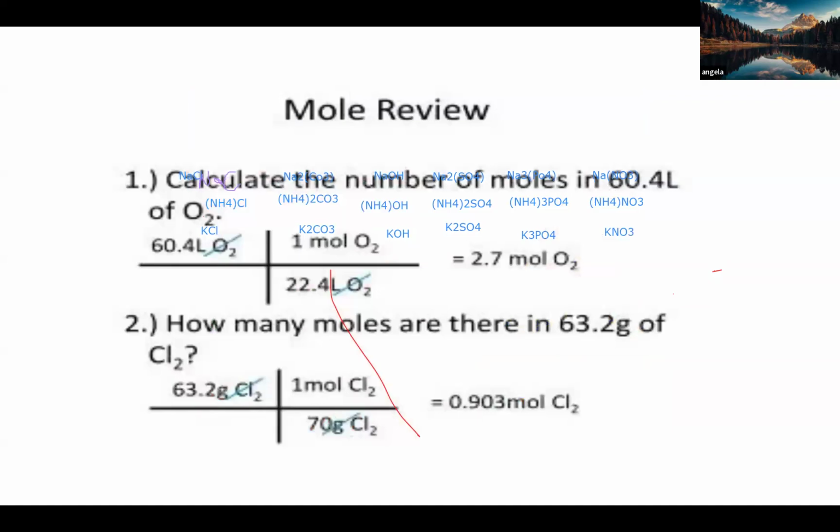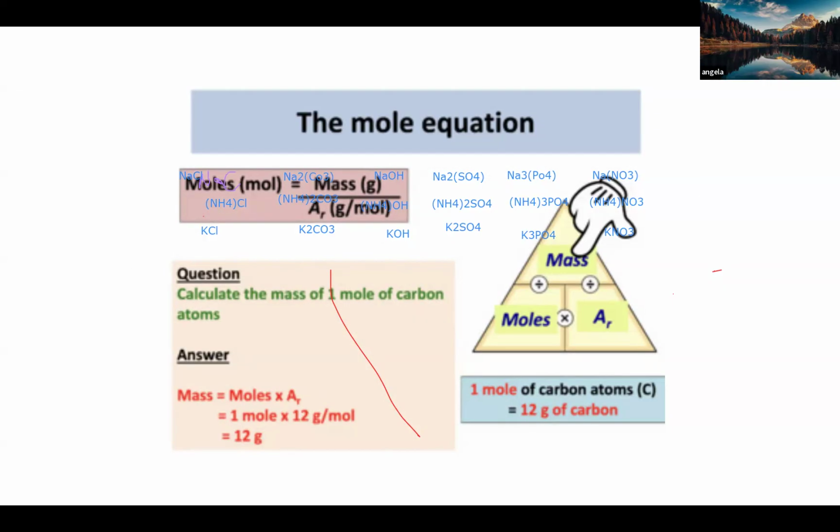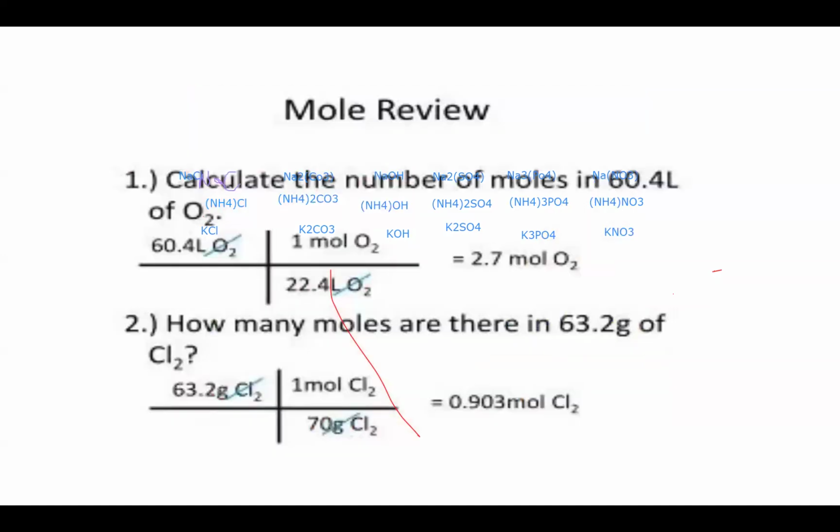So where are they getting this 22.4 liters? That's what I'm stuck at. Does anybody see that? Let me see.